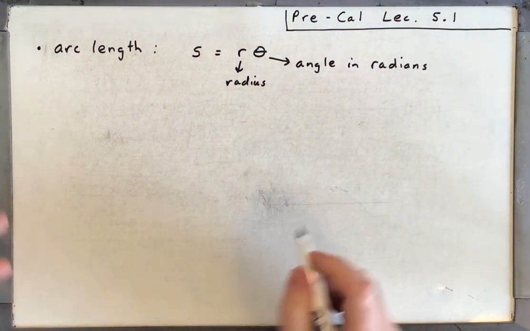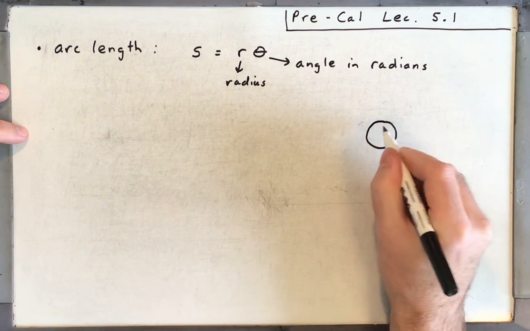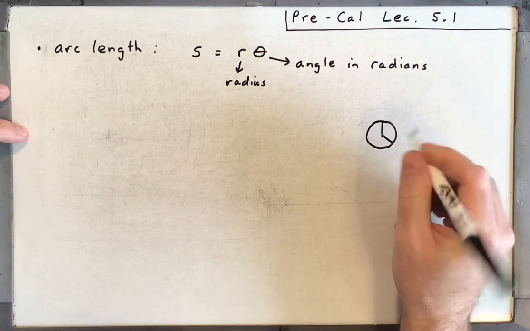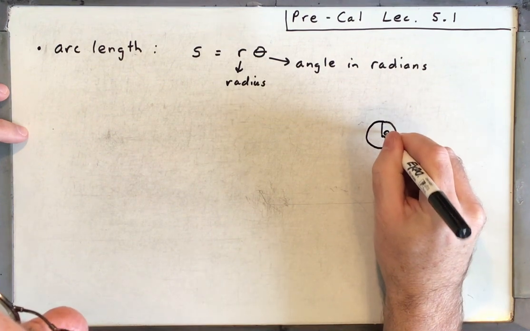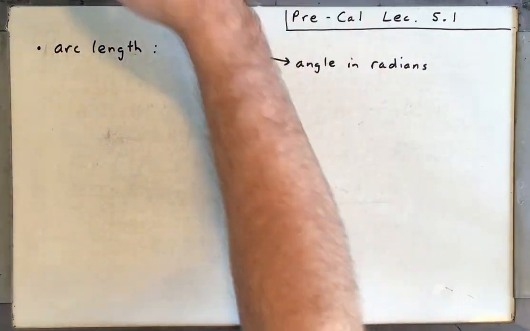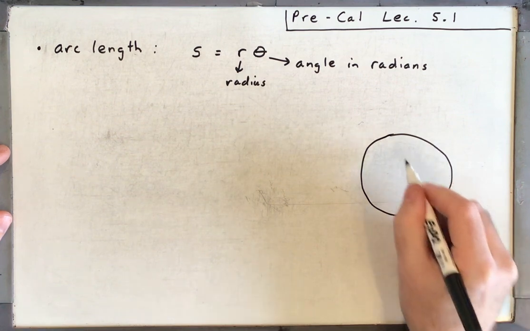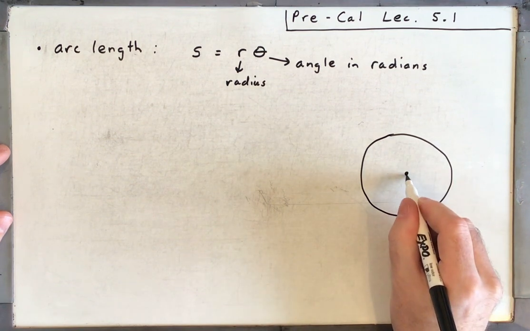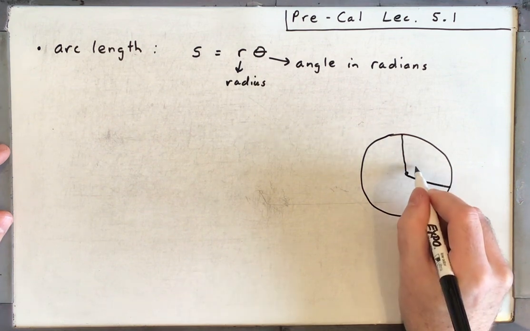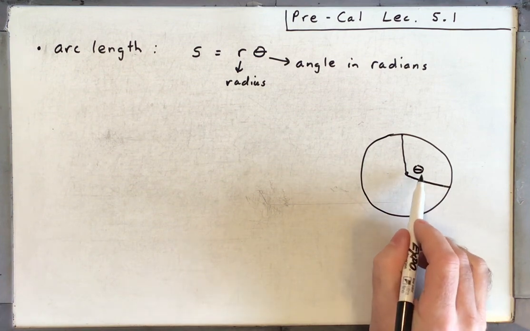Okay, so when I'm talking about arc length, let's say we have this circle, and here is angle theta. Let me draw this a little bigger. Sorry about that. There's no reason to draw it small. Okay, we've got a circle. Here's the center of the circle. Let's say we've got this angle theta right here, and we want to find the arc length subtended.